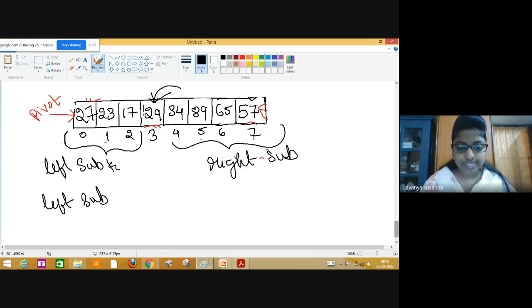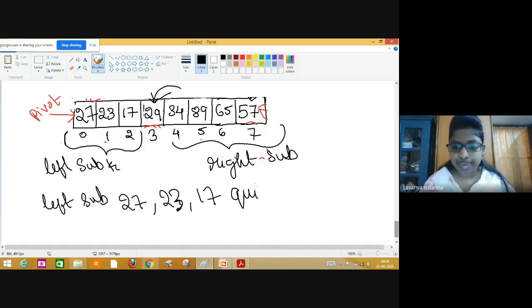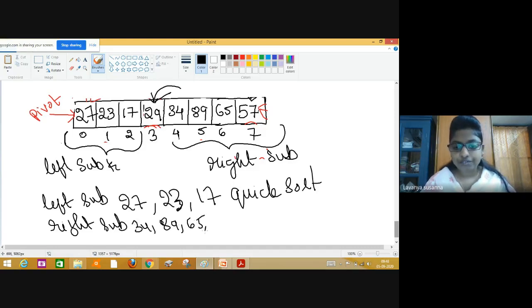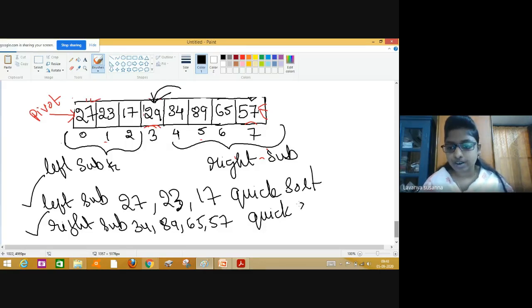Apply quicksort for 27, 23 and 17, and do the same process. And again for the right sublist, 34, 89, 65, 57, apply quicksort. After solving the left sublist, you need to solve the right sublist. Apply quicksort. Repeat from step 1.